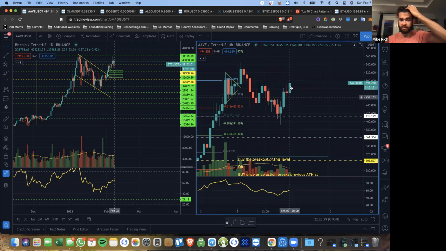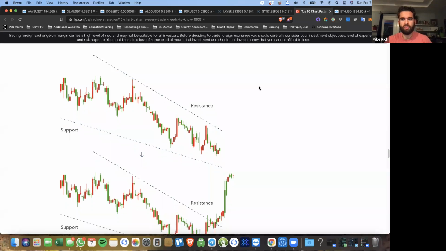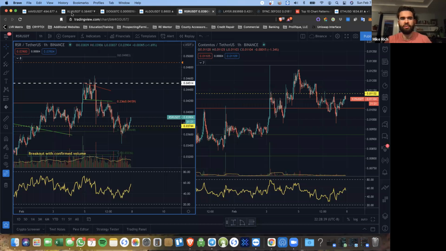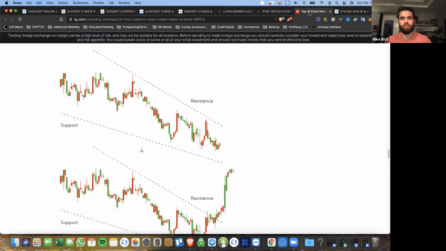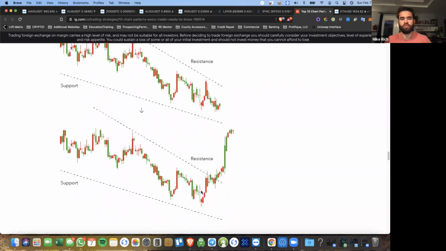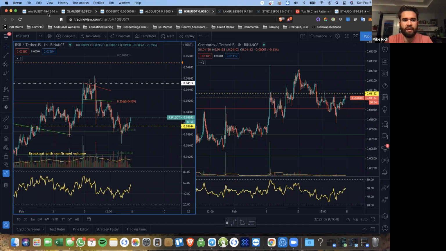All right, you see, it broke out, but look how I drew these lines, and look how one of them is slanted compared to the other one, which is not. I'm still looking on Aave.